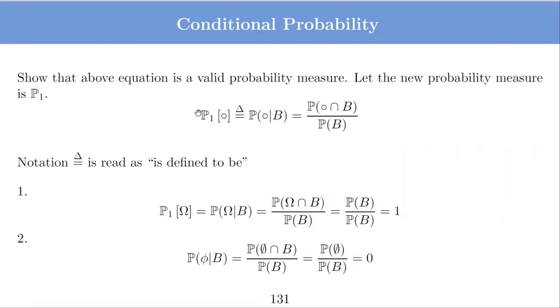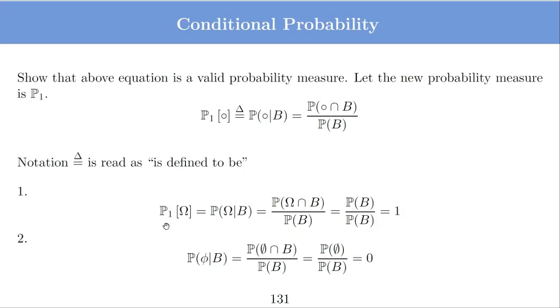So how do I prove that this measure is a valid probability measure? For that, I have to satisfy the three properties. One property is that the probability of omega should be 1. So let us see.